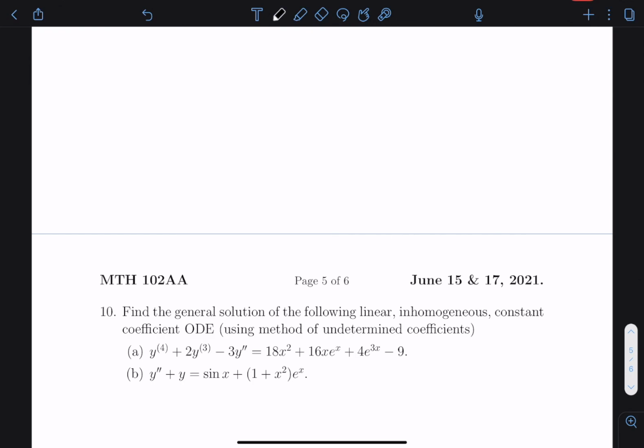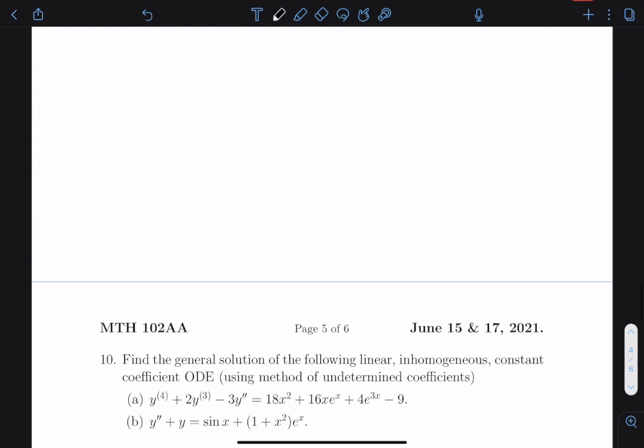We have done this in the previous assignment also: to solve an inhomogeneous problem, the general solution is the sum of the complementary function plus the particular integral. The general solution of the homogeneous problem is called the complementary function, and finding the particular integral is where you use the method of undetermined coefficients.